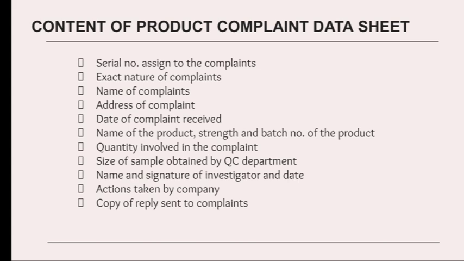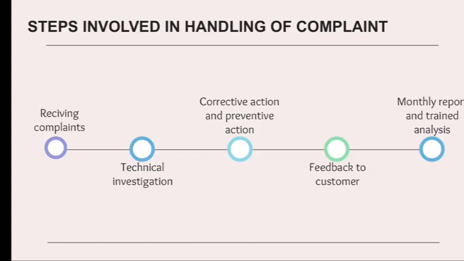Seventh, quantity involved in the complaint. Eighth, size of the sample obtained by the quality control department. Ninth, name and signature of the investigator and date. Tenth, actions taken by the company. And eleventh, copy of the reply sent to the complainant.